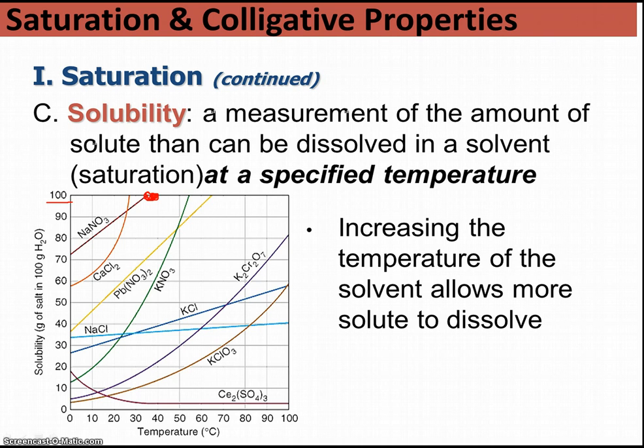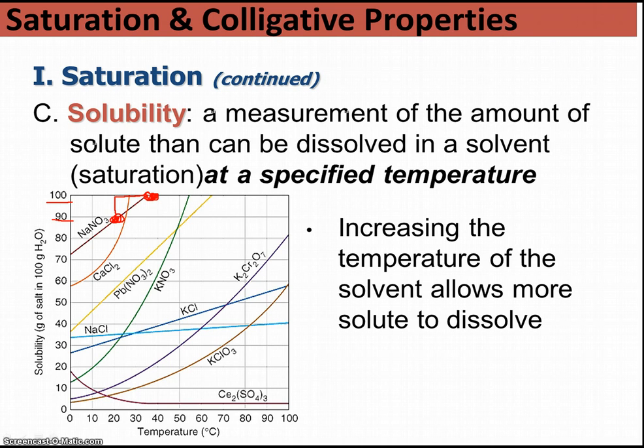And then let's say we let it cool off to room temperature, which is roughly 20 degrees Celsius, in which case only 90 grams can be dissolved. So the difference between these two would be 10 grams. So roughly 10 grams is going to precipitate.